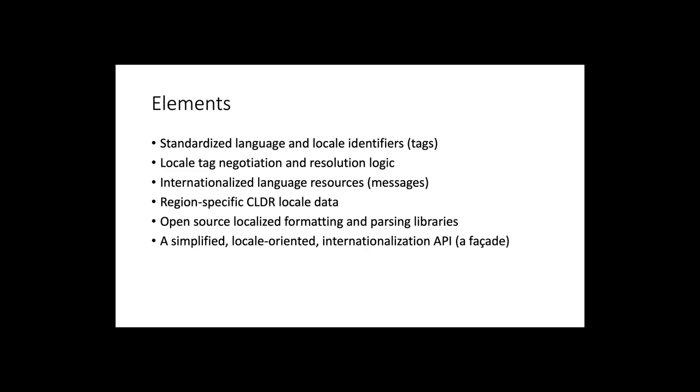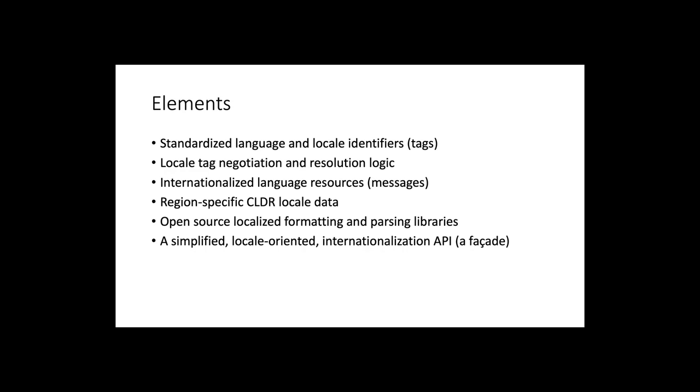If we combine our internationalized language resources with some region-specific CLDR locale data and some open-source localization, formatting, and parsing logic, we end up with a very powerful but fairly complex system that speaks internationally but formats values according to region-specific conventions.